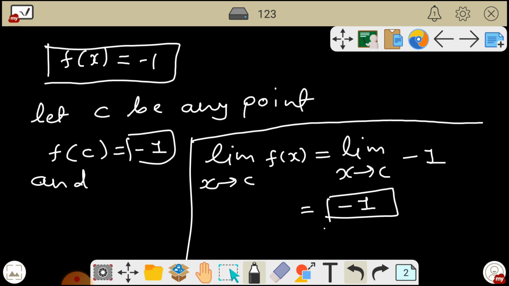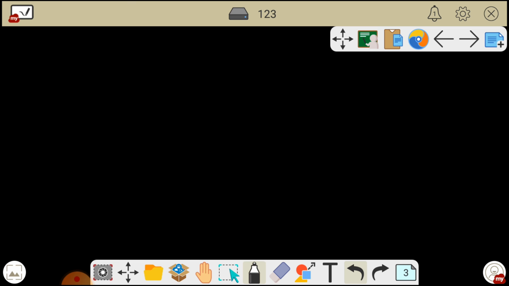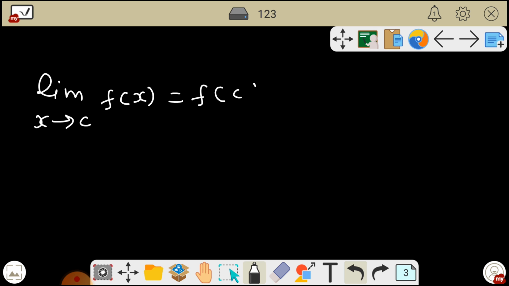So as you can see, our f of C is equal to limit x tends to C f of x. So we can write it here, limit x tends to C f of x is equal to f of C. Therefore f is continuous.